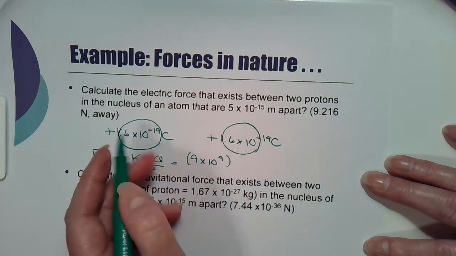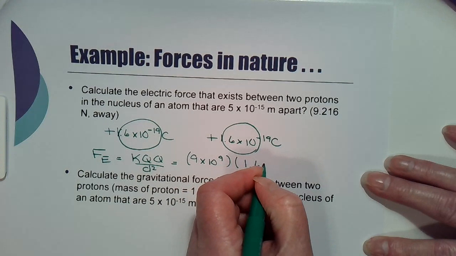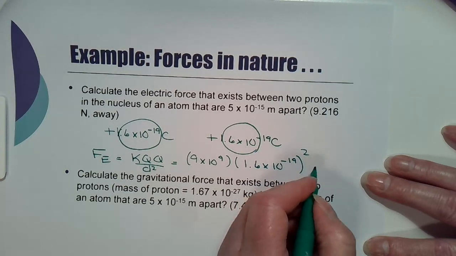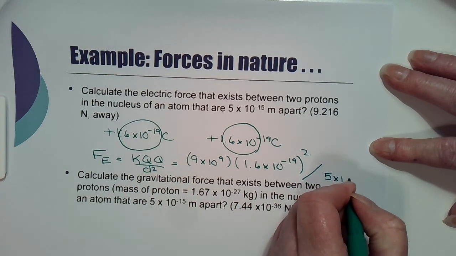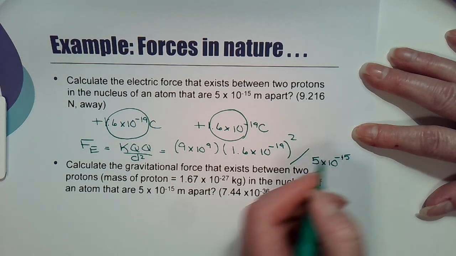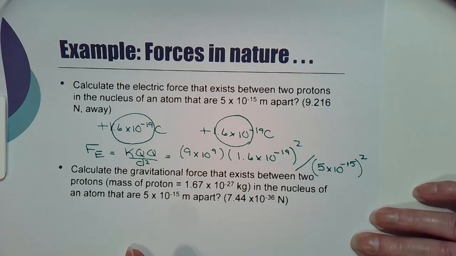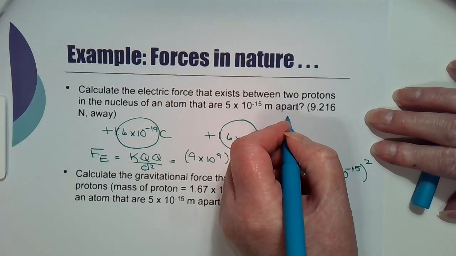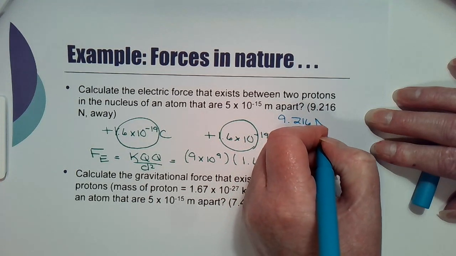Both of those q's have the same value, so I could go QQ, or I could just do q squared: 1.6 times 10 to the negative 19 squared over, they are 5 times 10 to the negative 15 meters apart, but I got to square that value. Again, I did not number crunch this, so I hope I did my math right the first time, but I got an answer of 9.216 newtons.